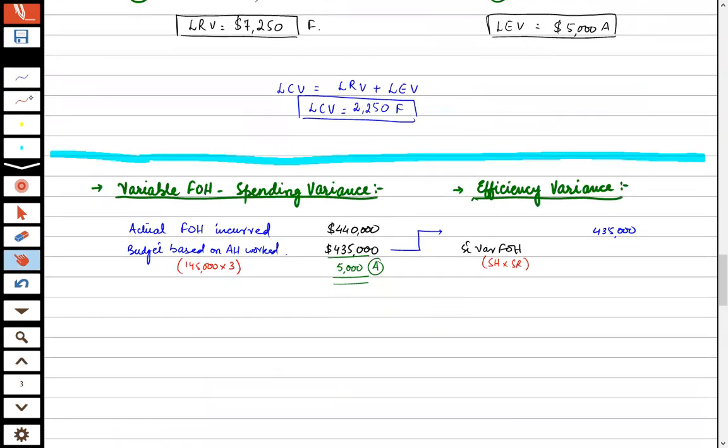So it would be 144,000 into the standard rate, that is $3. So it would be the amount of 432,000, and the resultant difference would be 3,000.